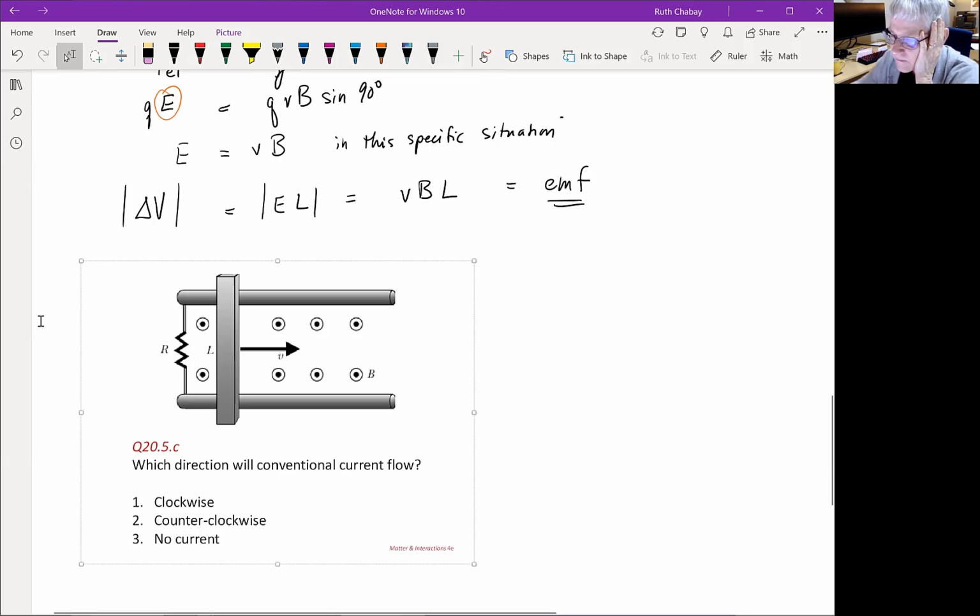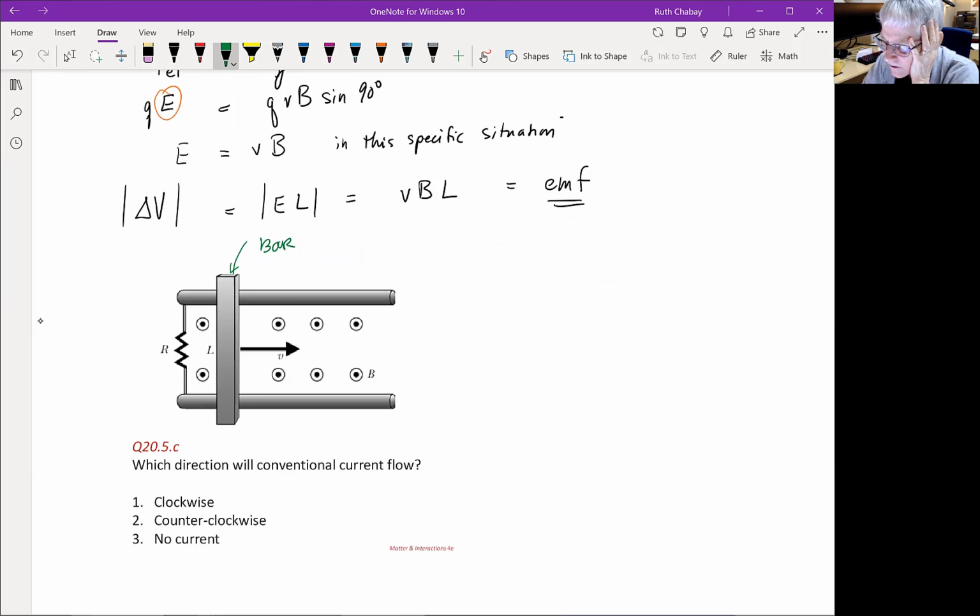So here's our bar. There's a magnetic field out of the page. It's moving to the right at constant speed, bar of length L. But now what you've done is you've put the bar on conducting rails, big pieces of metal that are conductors. And you've hooked up a resistor to it, a light bulb, say.